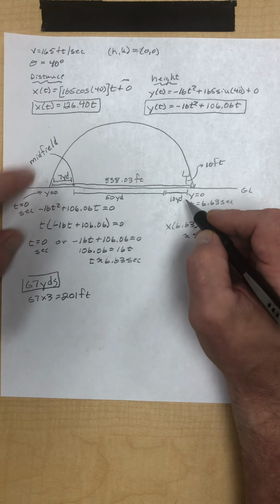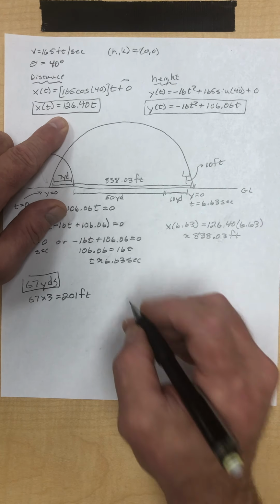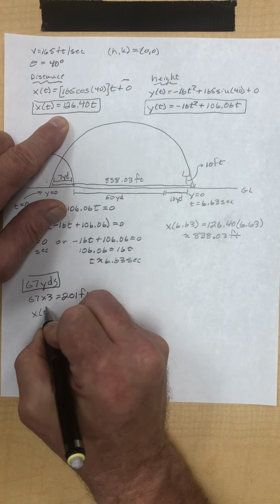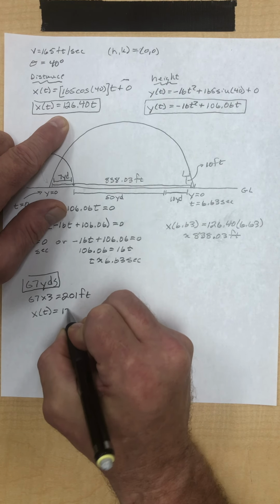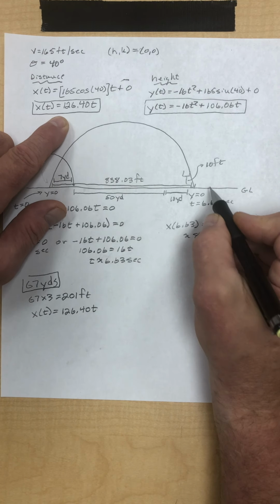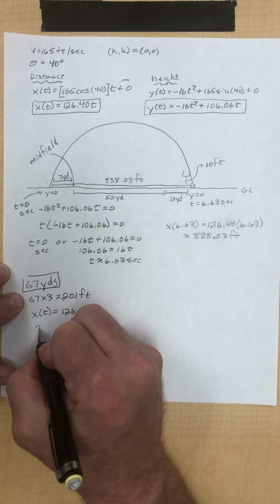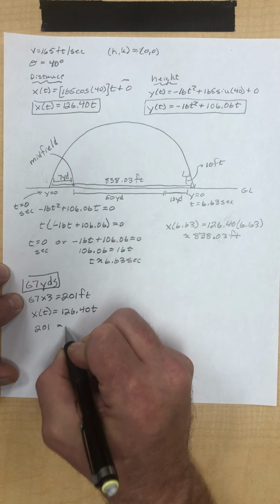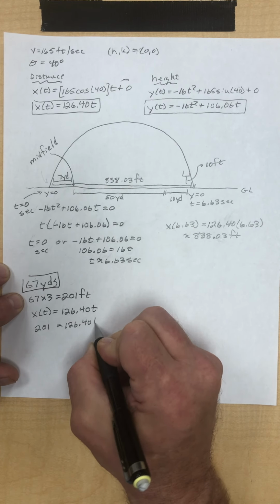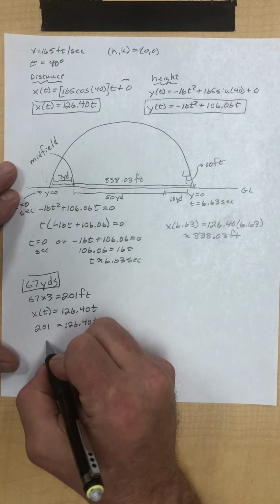So 201 is distance, horizontal distance, so that's x of t. So if we go x of t equals 126.40 t, and we use our horizontal distance of 201 feet, we figure out how long will it take that ball to travel 201 feet horizontally.